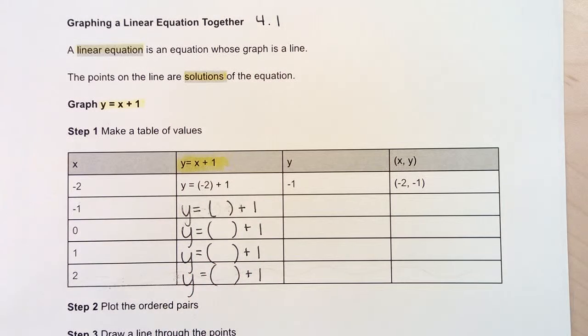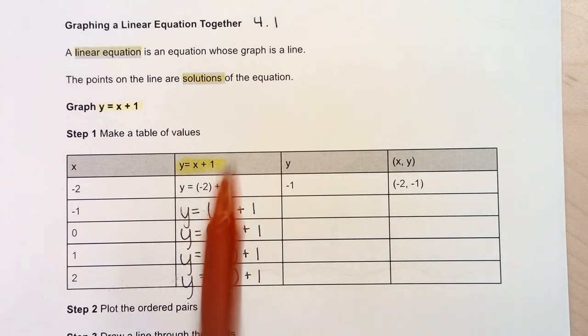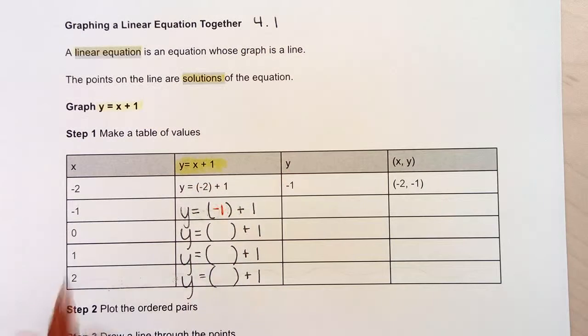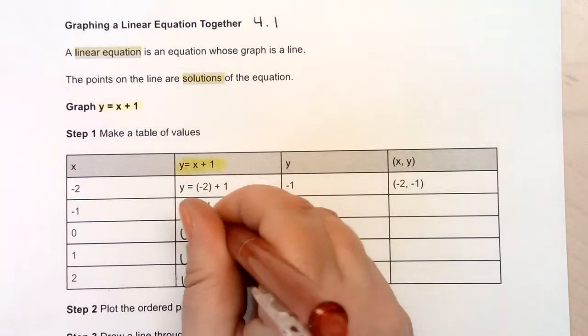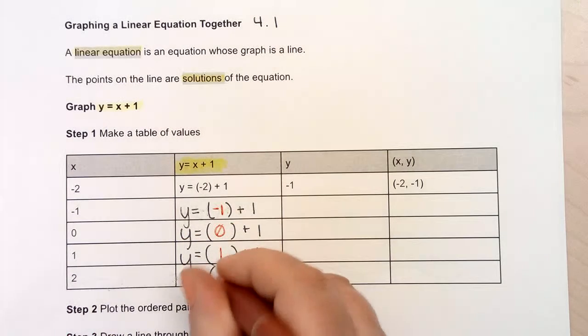Okay. Now, it tells us what value to plug in for x. It wants us to plug in -1. So I'm going to put -1 here. Now we're going to plug in 0 on the next one, and plug in 1 and 2.